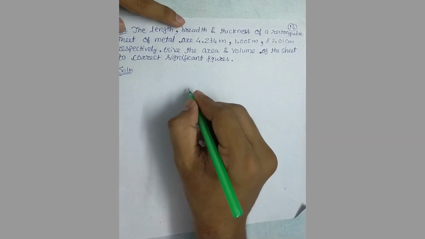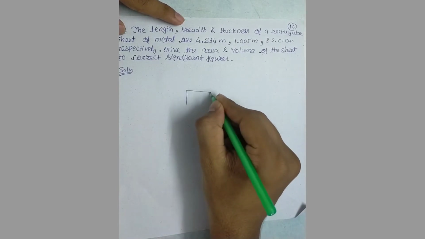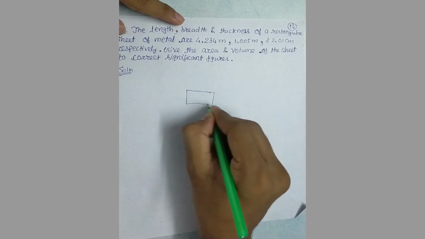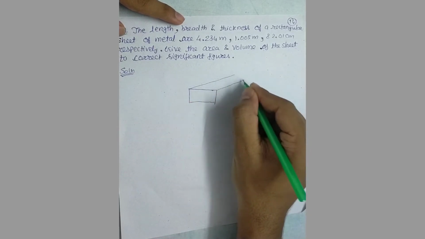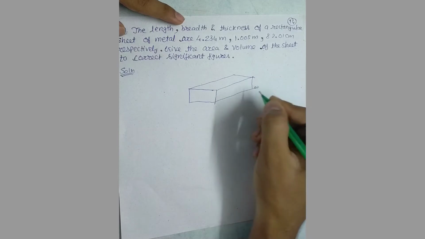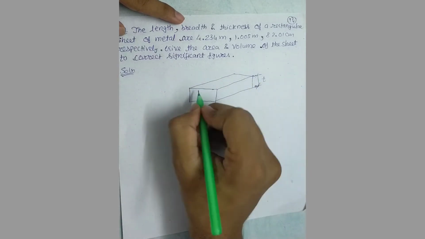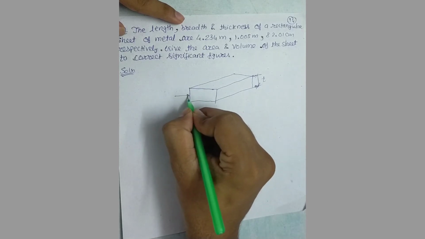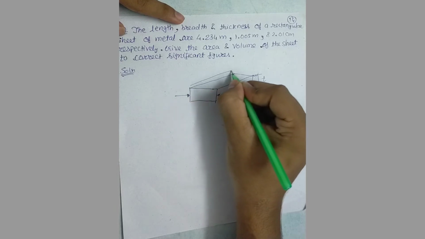Let us first see how the rectangular sheet will look. Here, this is the dimension thickness, this is the dimension width, and this is the dimension length.